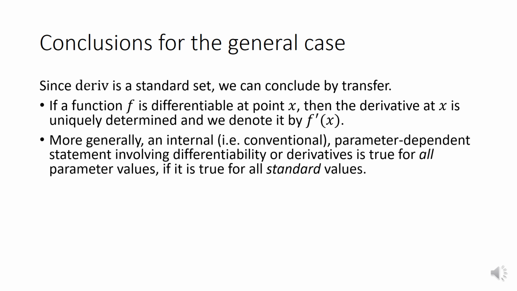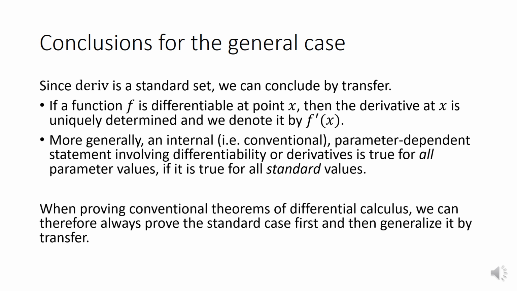More generally, an internal, that is, conventional parameter-dependent statement involving differentiability or derivatives is true for all parameter values if it is true for all standard values. This means when proving conventional theorems of differential calculus, we can therefore always prove the standard case first and then generalize it by transfer.